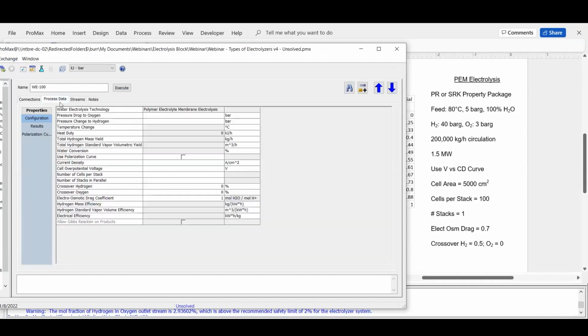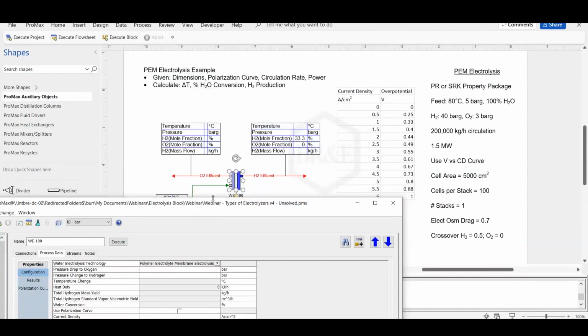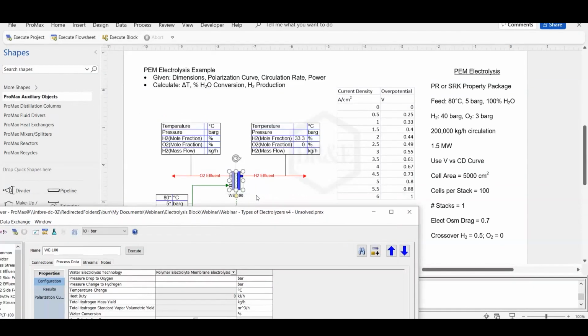And in here, we only have one choice that we can make. These other two are grayed out. You can only make the PEM electrolysis choice. One of the interesting things about these is you can have the feed coming in at, say, 5 bar, but it's nice that we can use this also as a hydrogen pump.